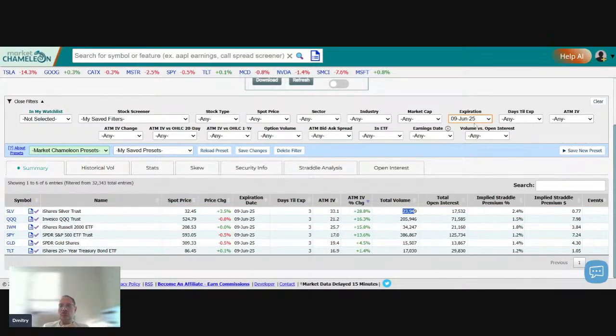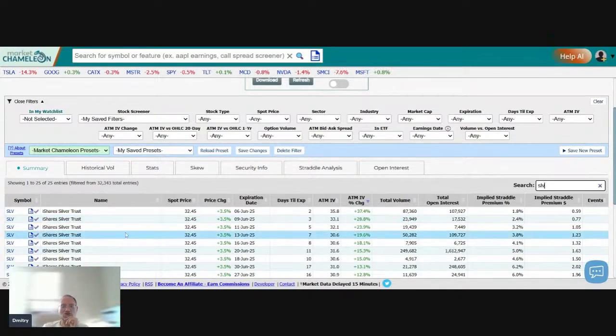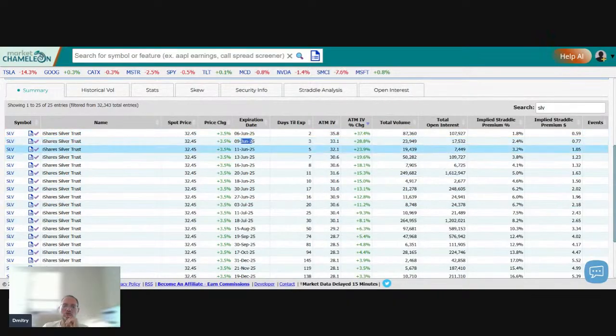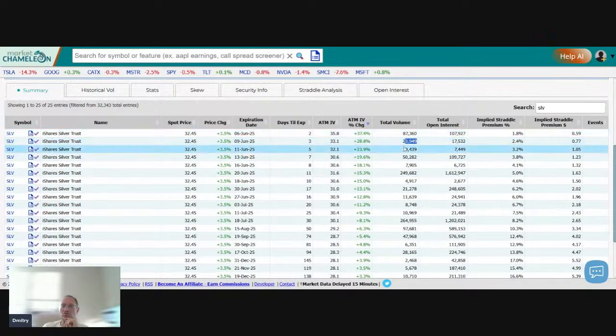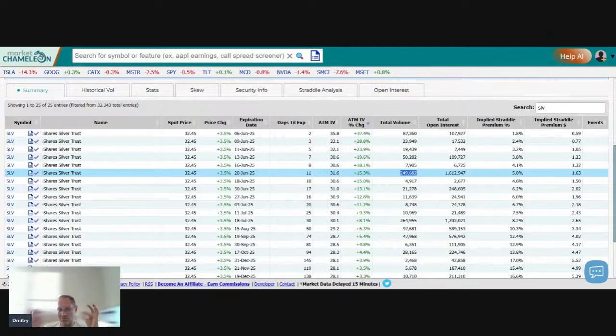I'm going to unfilter this, and we'll look at silver, SLV. So you can see here SLV has many different available expirations, and this is the volume for each of these expirations. Okay, so that's how this is working. It's really anchoring by option expiration.